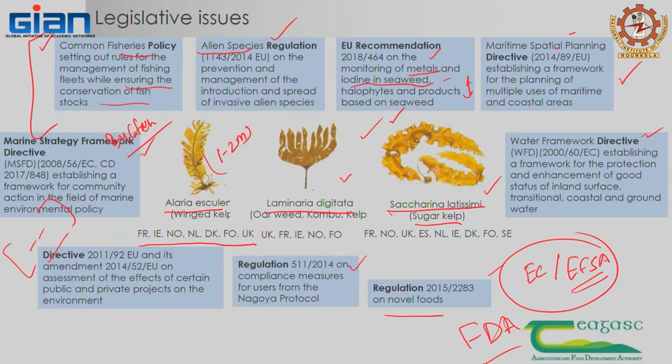I'll give you an example of eggs. Eggs are kept in a refrigerator in the US, whereas in Europe eggs are not kept in a refrigerator, because egg washing is allowed in the US and not allowed in Europe. If you wash an egg, whatever salmonella is on the surface will enter in.